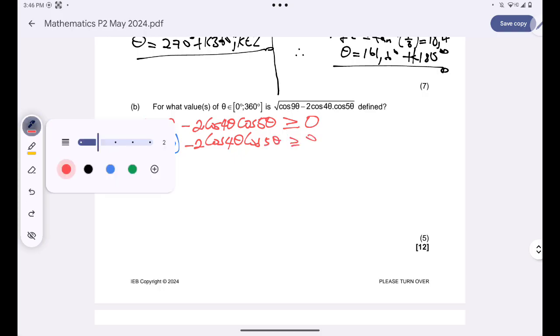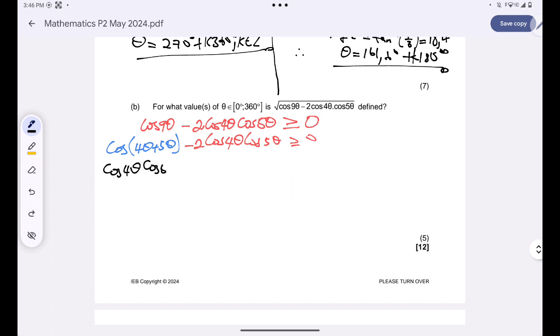So I can expand the compound angle here. I simply have cos of 4 theta multiplied by the cos of 5 theta minus sine 4 theta and the sine of 5 theta, minus 2 cos 4 theta cos 5 theta is greater or equal to 0, right?